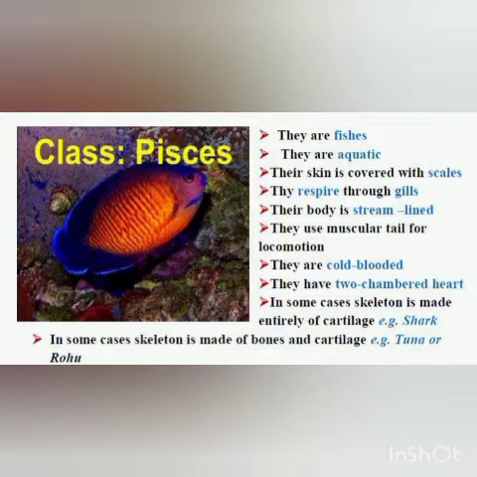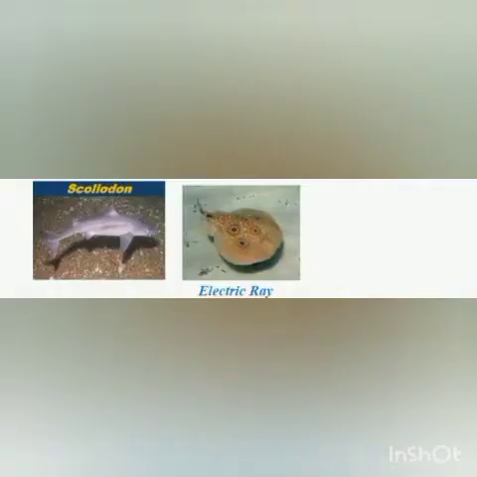You bend your ear, you can bend it, you can twist it. So this is cartilage. It is flexible. In some fishes, the body is entirely made up of cartilage, for example shark. But in some cases, the skeleton is made up of bones and cartilage, for example tuna or rohu. Other examples are scoliodon and electric ray.